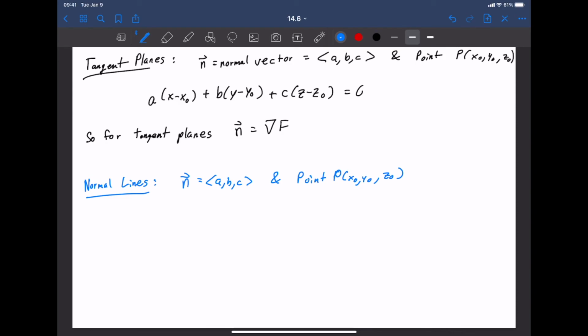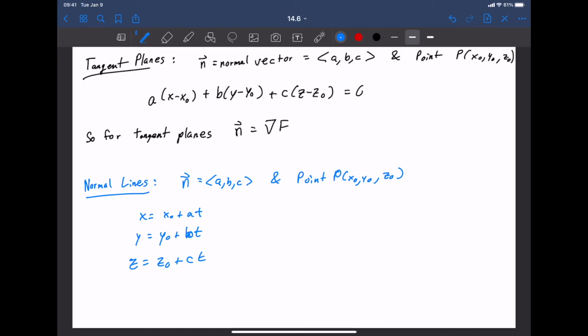We can either do the vector equation of a line, or we can do the parameterization: x equals x naught plus at, y equals y naught plus bt, z equals z naught plus ct.